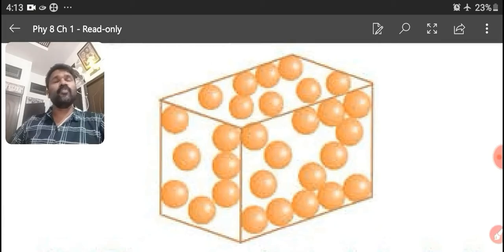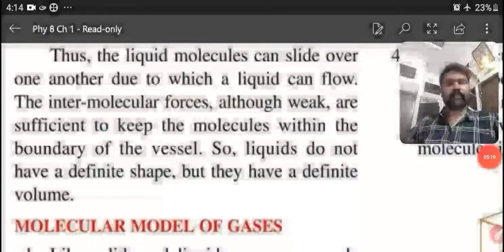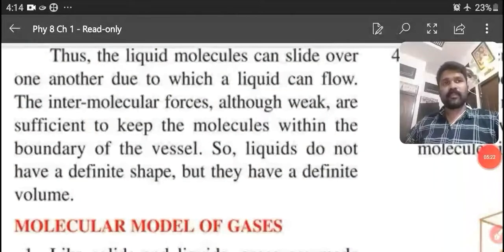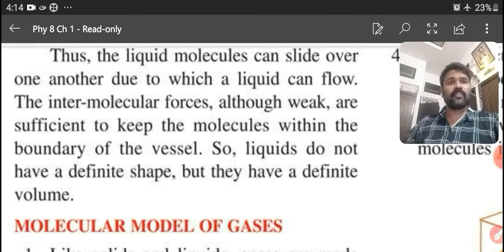It is loosely arranged. Thus, the liquid molecules can slide over one another, due to which a liquid can flow. The intermolecular forces, although weak, are sufficient to keep the molecules within the boundary of the vessel.